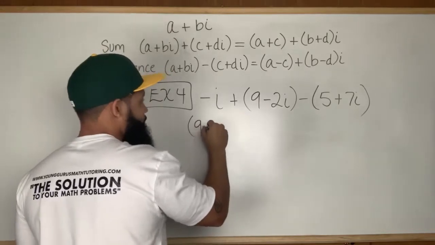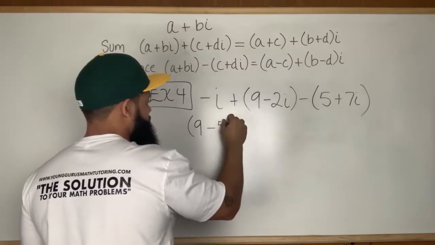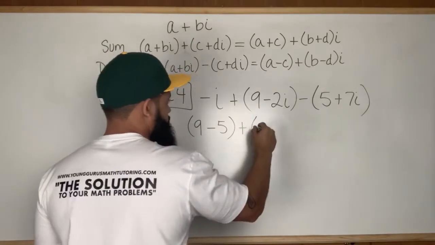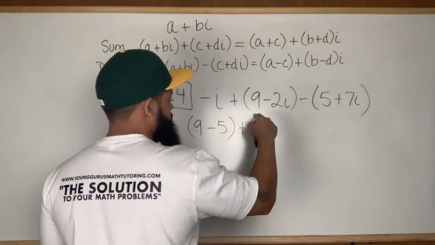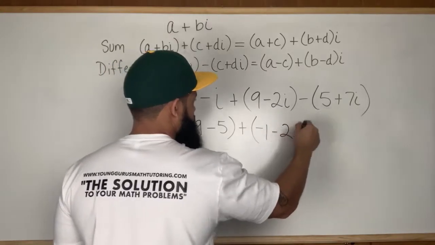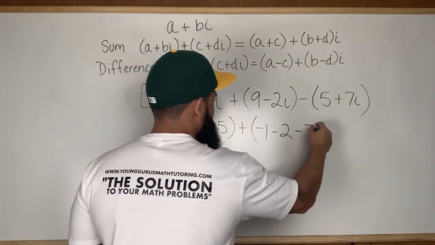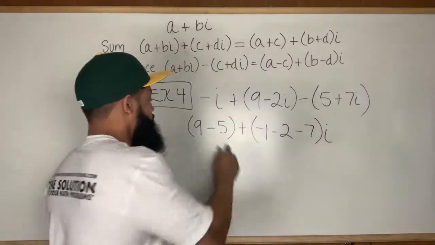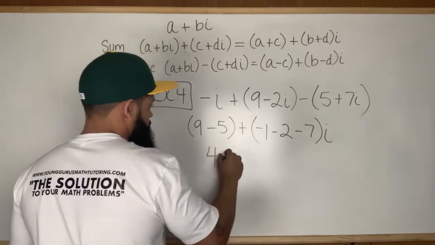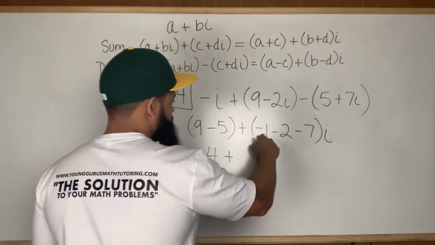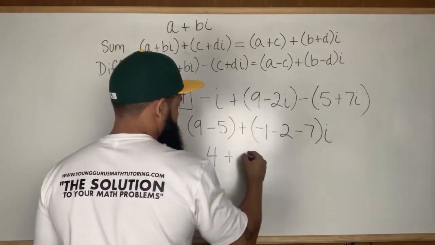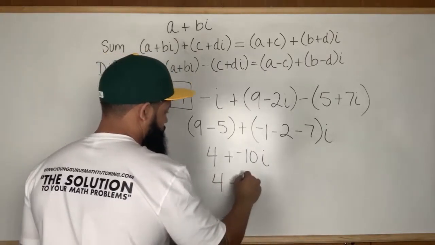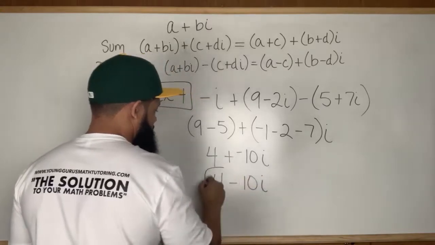So I have 9 minus 5 plus negative 1 minus 2 minus 7i. Okay? 9 minus 5 is 4. And then plus negative 1 minus 2 is negative 3. Minus 7 is negative 10i. So we can write this as 4 minus 10i.